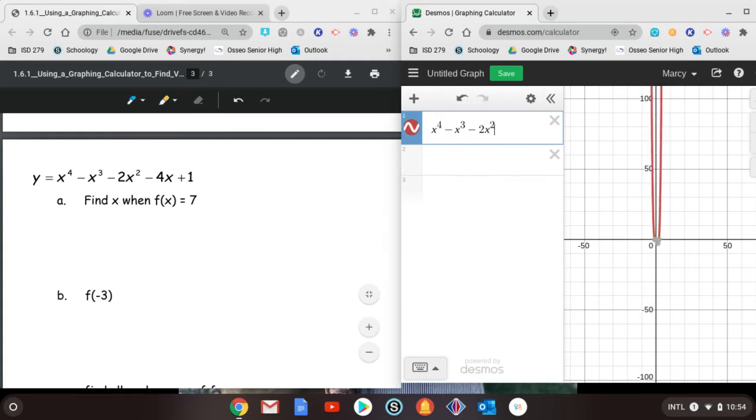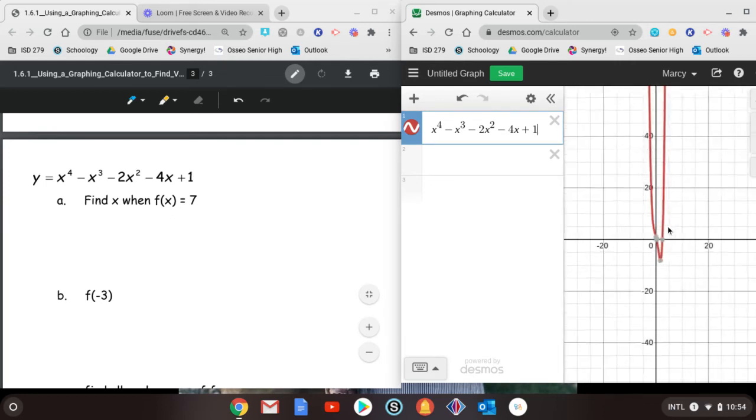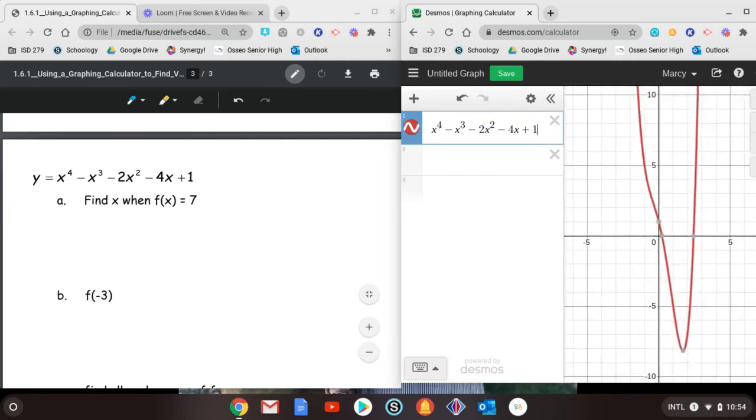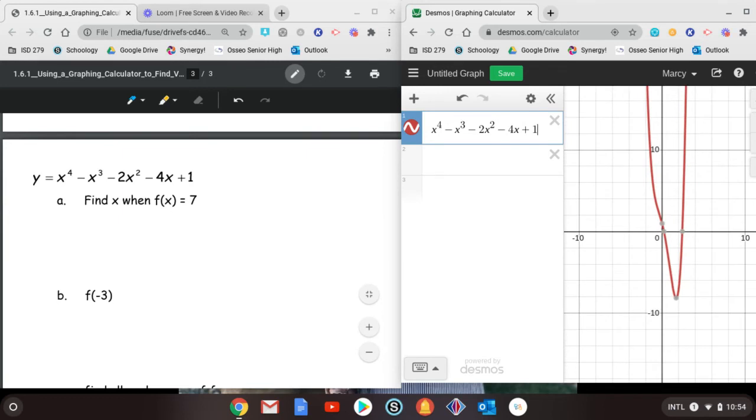There we go. X squared minus 4x plus 1. Okay. So now I already zoomed out, so I kind of want to zoom in a little bit. And you can zoom in and out as much as you need.